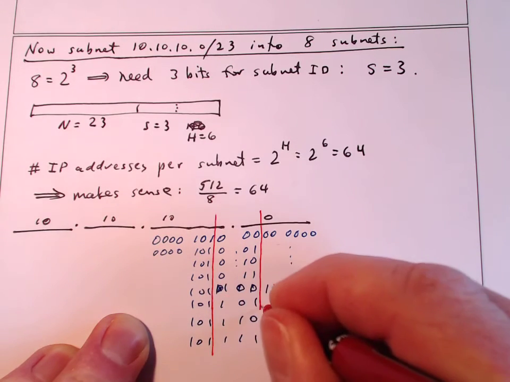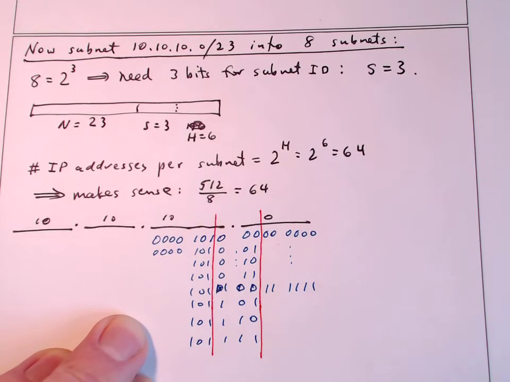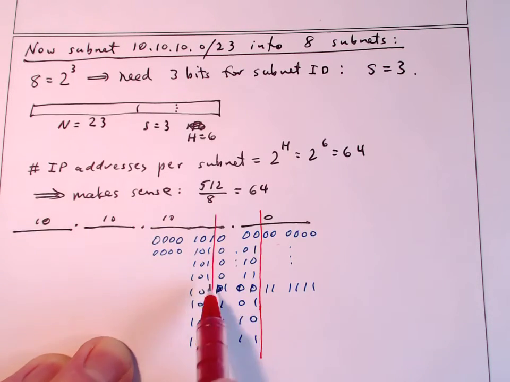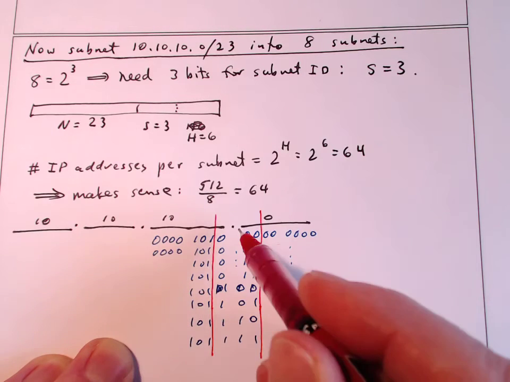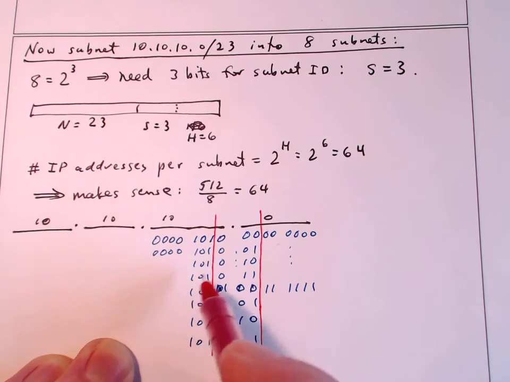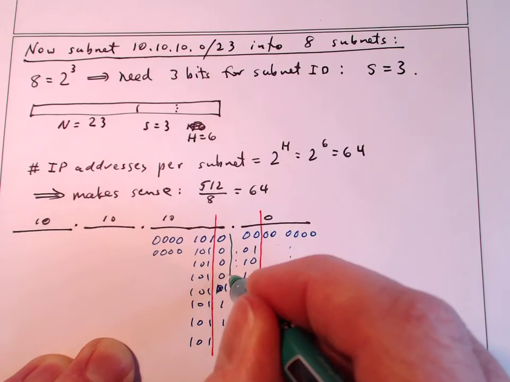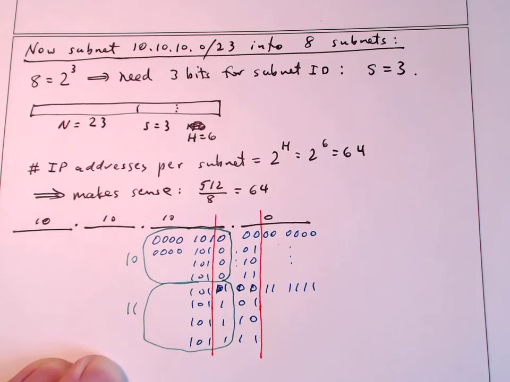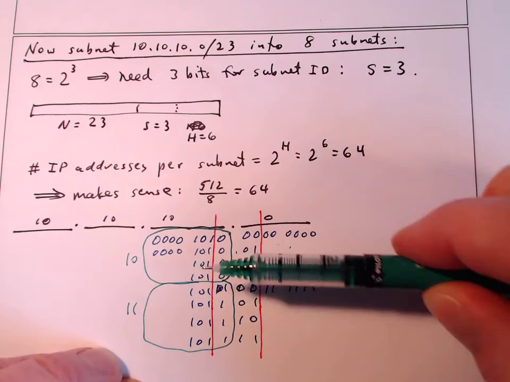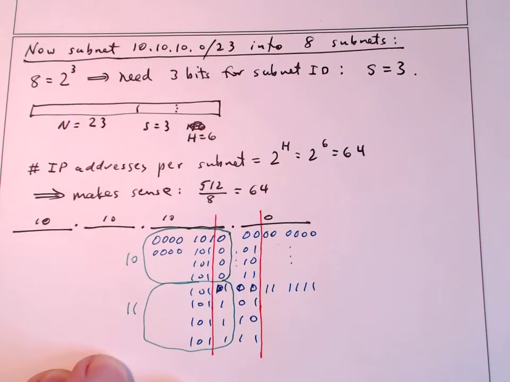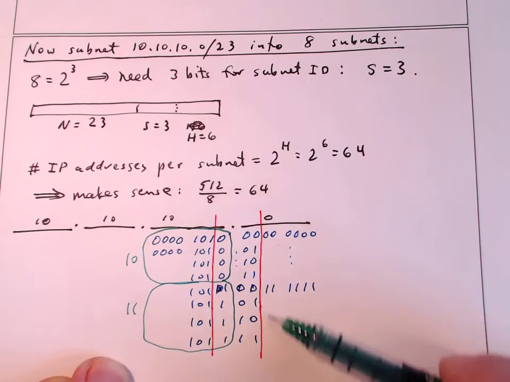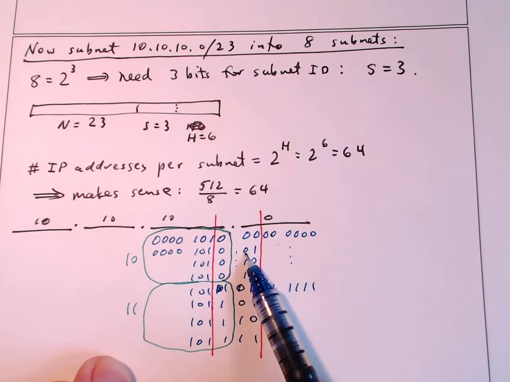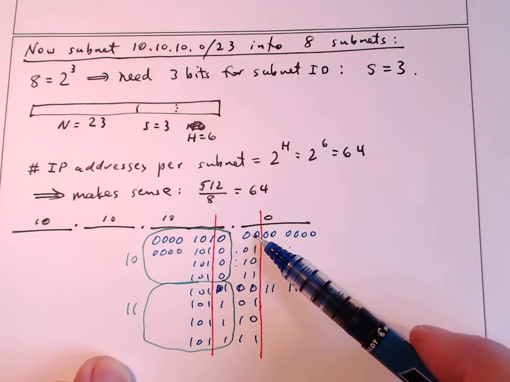Okay, so these are all 8 of them here. And what you're going to find is that it switches over: your third byte is going to be 10 for the first 4, and it's going to be 11 for the last 4. And then the subnet IDs have all zeros in the host bits, and these bits are just counting by 64s because this is the 64 and the 128 bit spot.